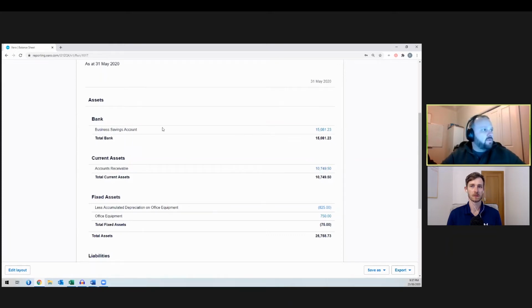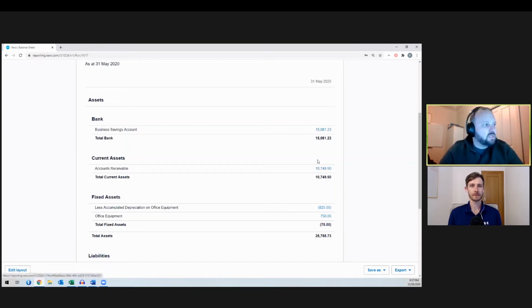Now this is when it gets a little bit more tricky, but it's a good thing to understand. There's a thing called current assets, which is anything that's receivable within a 12-month period. And that way you can look at these two together and see that effectively your accounts receivable is cash. It's cash that we just haven't received yet.